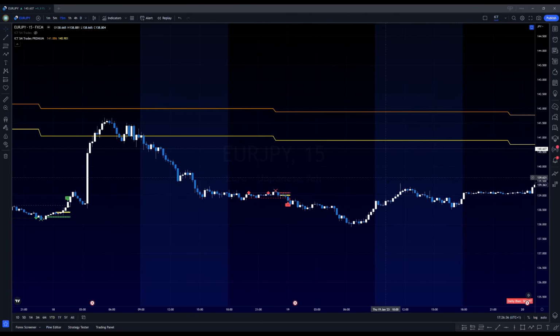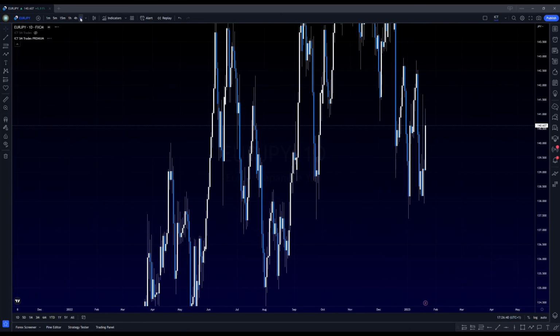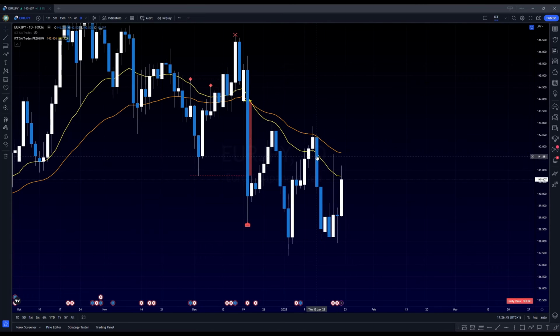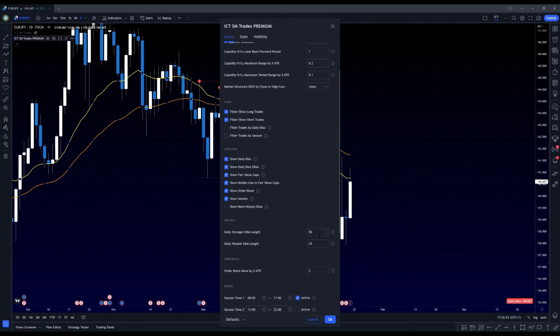It means we are in the downtrend from the daily time frame. We can go to daily, and we can see that the yellow, the weaker, is below the stronger. So we are in downtrend. But be aware that you can set the frame of the trend that you want to see. This is the small frame of the trend.